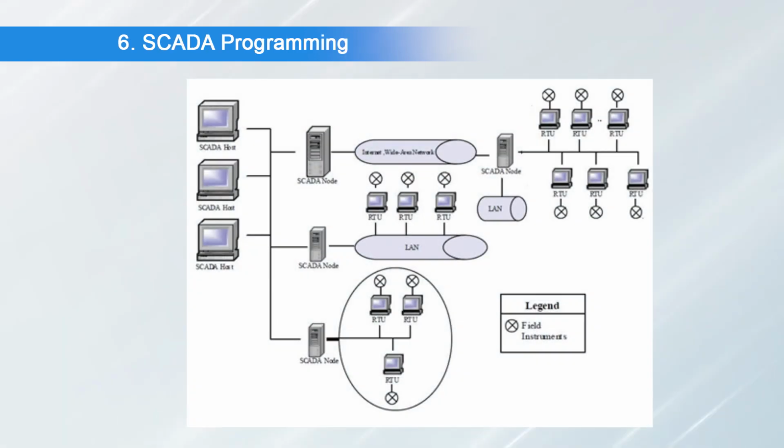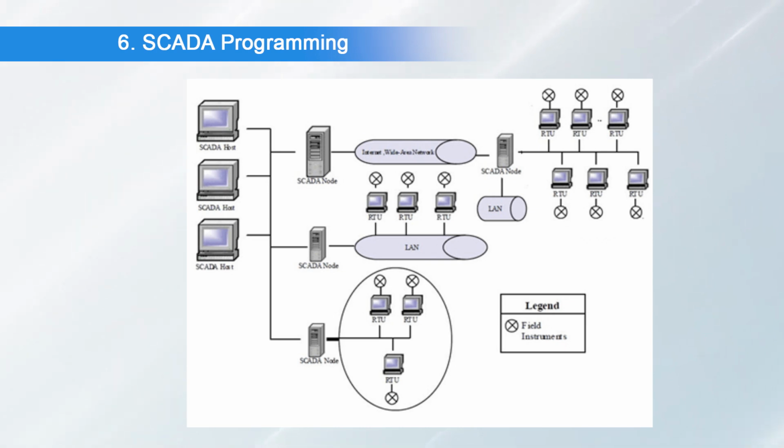The next basic of the SCADA system is SCADA programming. The SCADA programming in a master or human machine interface is used for creating the maps and diagrams which give important situational information in case of an event failure or a process failure.